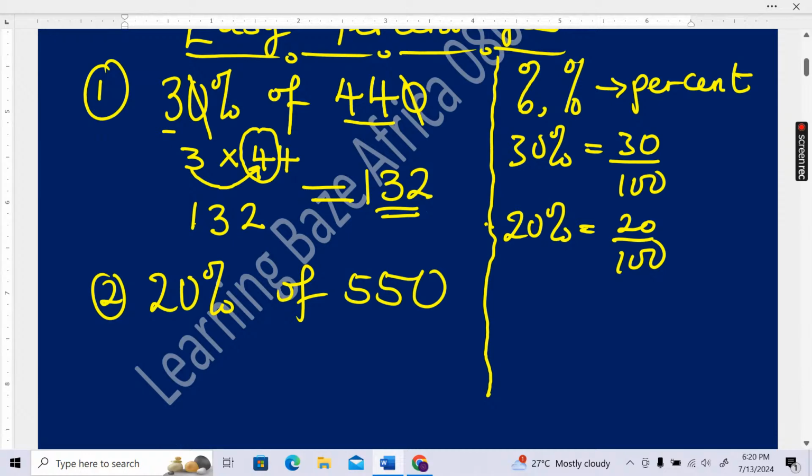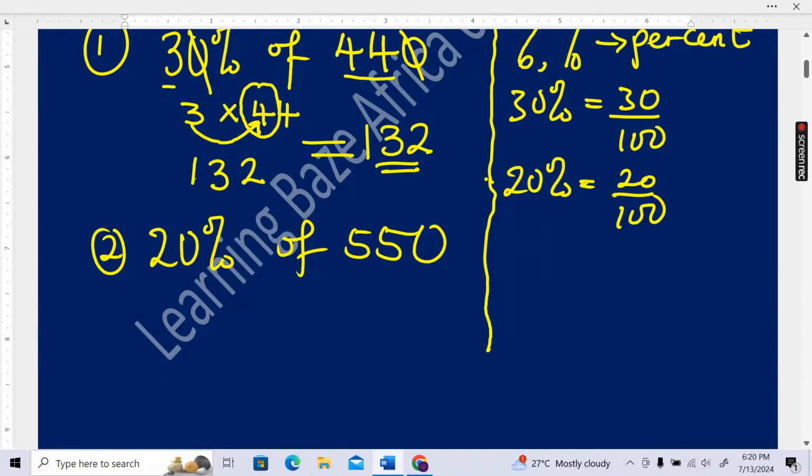Now, how do we find 20% of 550? 550 is a multiple of 11. So what will be the trick? I'm going to rewrite this. 20% of 550 means 20% times 550.